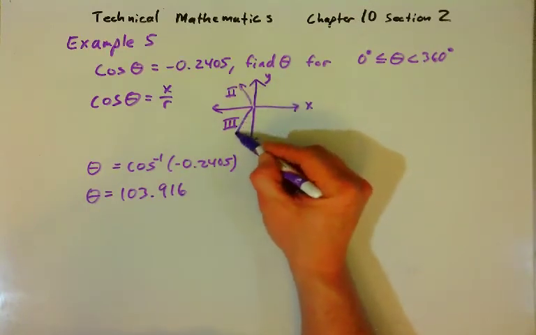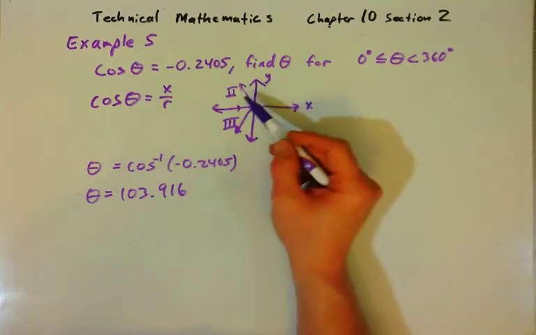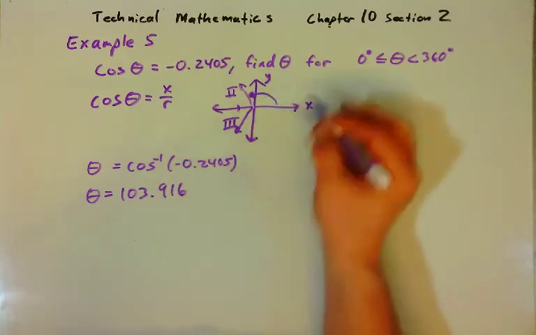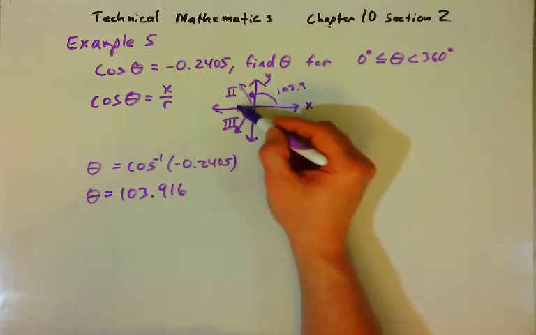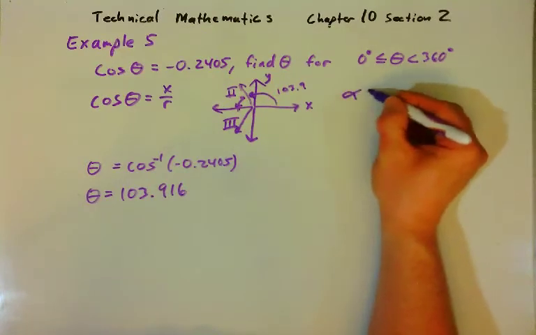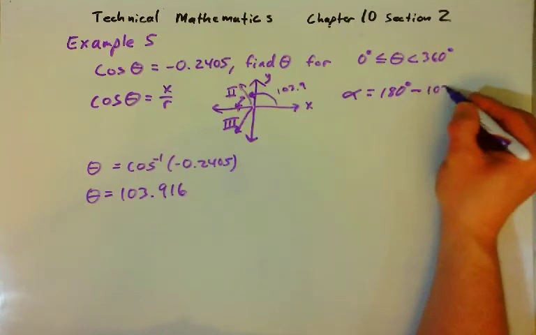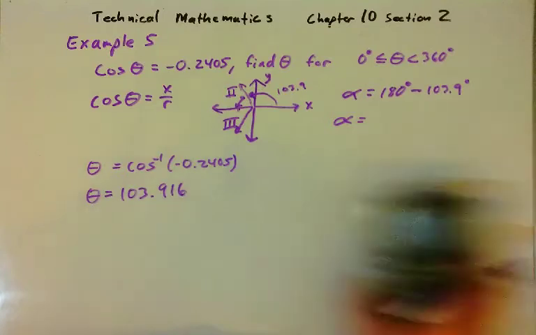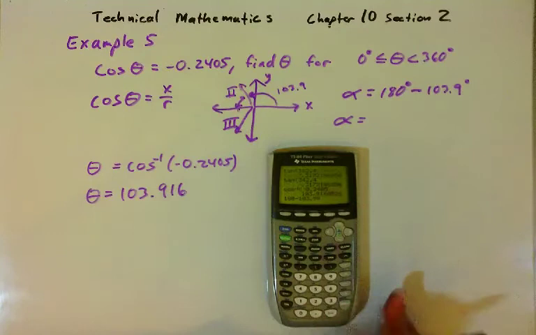The other answer has the same value of x, but you can tell that the angle is greater than that. So this angle is 103.9. The reference angles are equal. And so what is the reference angle here? The reference angle will be 180 minus 103.9. And so our reference angle is 180 minus 103.9.